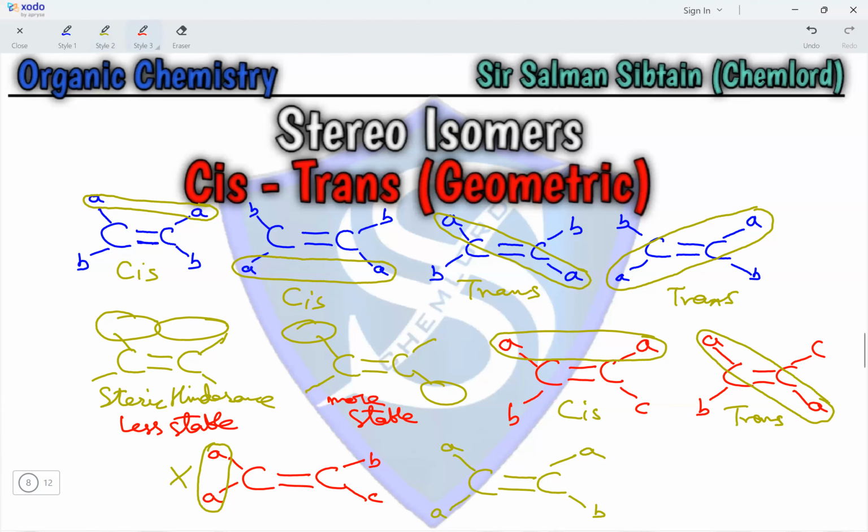So here we can see that we have two of the same groups on the same carbon atom, while this compound can show cis and trans isomerism together. That is not how cis-trans isomerism functions. We cannot have the same group on the same carbon atom. So such compounds will not show cis-trans isomerism.